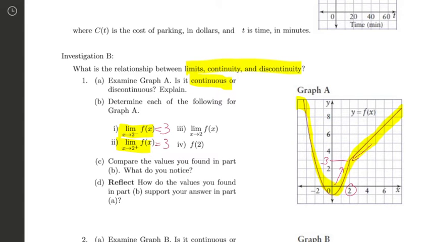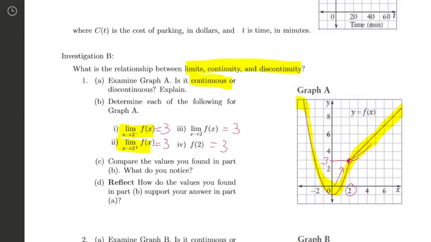And so if the left-hand limit is equal to the right-hand limit, that would mean that the limit as x approaches 2 of f of x is equal to 3. Also, if I evaluate f of 2, there's that point right there, that is also 3.